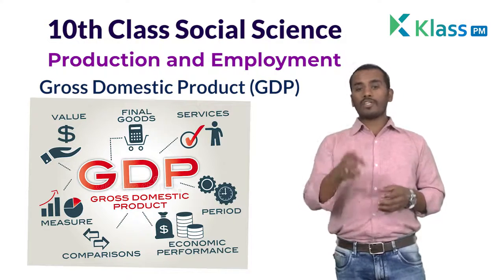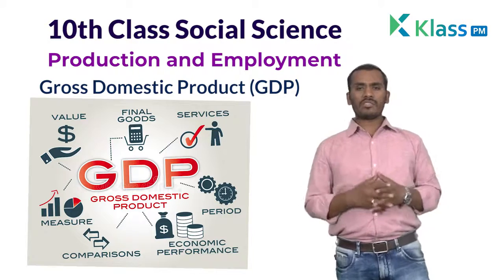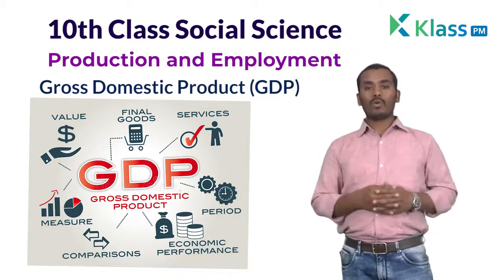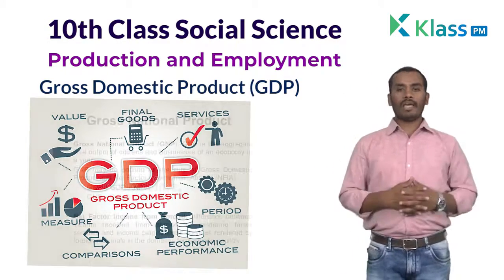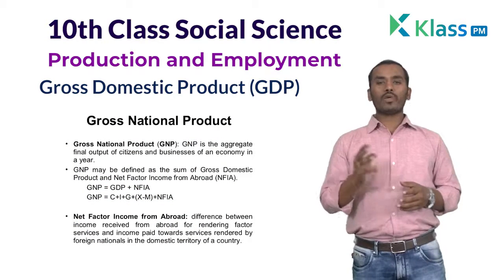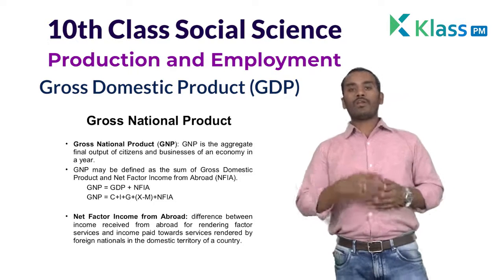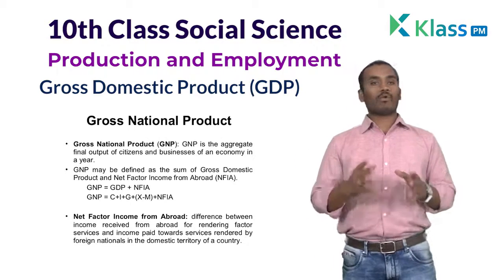So all this production will be carried out throughout the country at different places in different ways. So all these need to be taken into account to calculate the GDP. How will we take it? The GDP will be calculated by the value of final goods of each sector within a country. Why are we saying within a country? Because we said gross domestic product.